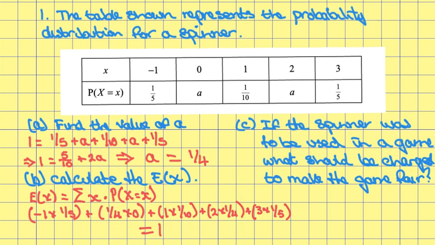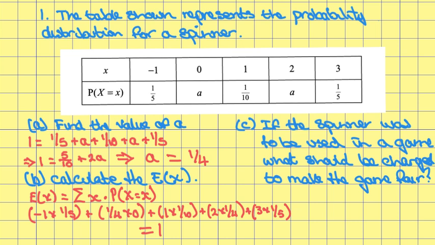Part C. If the spinner was to be used in a game, what should be charged to make the game fair? Well, in order to make the game fair, nobody should win and nobody should lose. An expected value of 1 means that every time I play that game, I would expect to be $1 up.